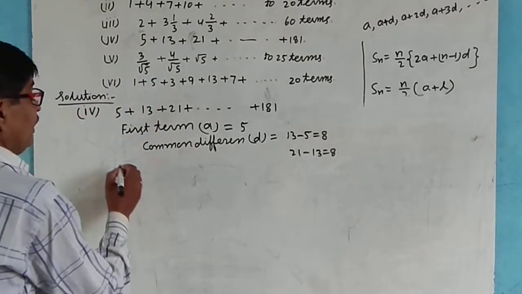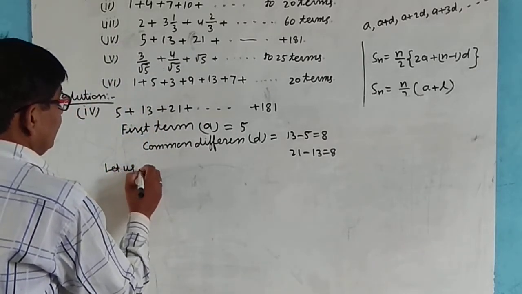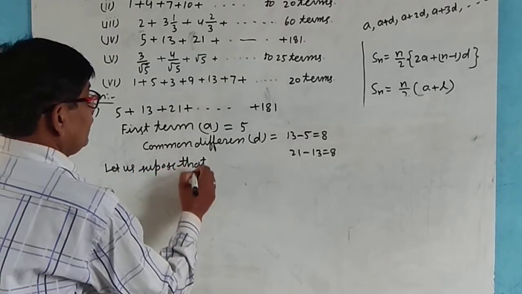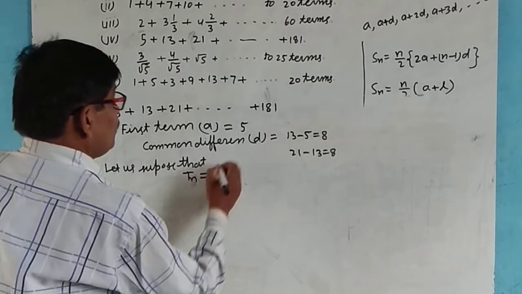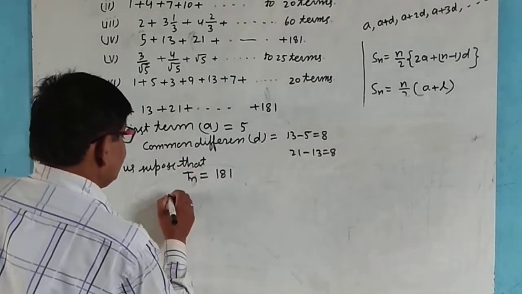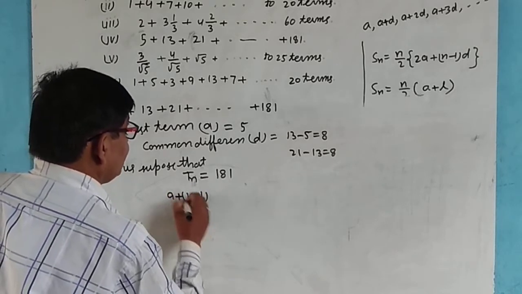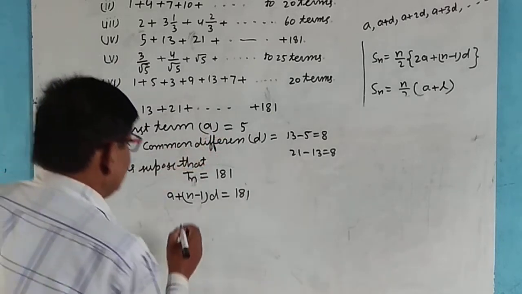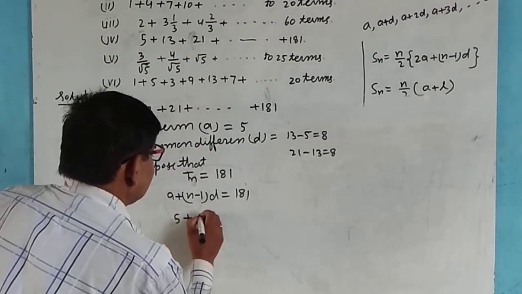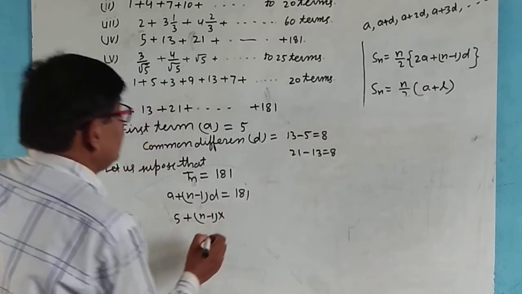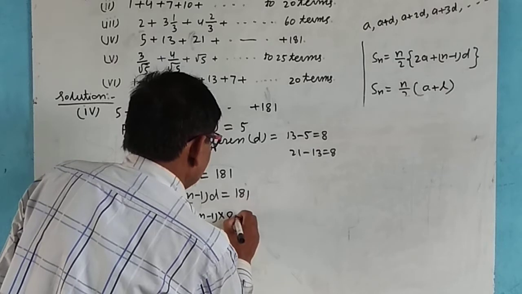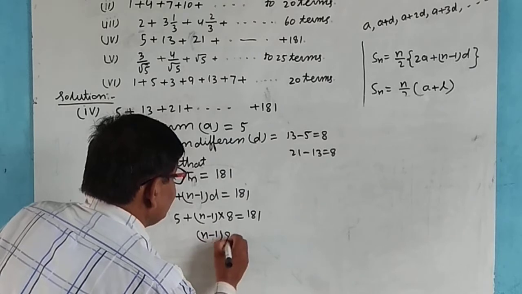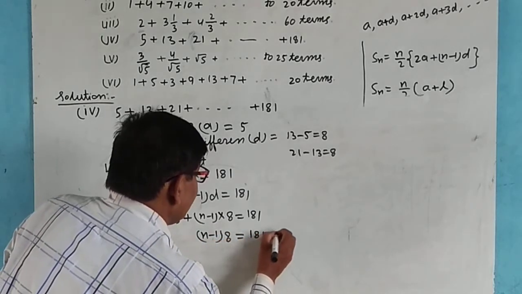Here let us suppose that Tn is equal to 181. It means that a plus n minus 1 into d equal to 181. A is 5 plus n minus 1 into d. D is 8, equal to 181. It means that n minus 1 into 8 equal to 181 minus 5.